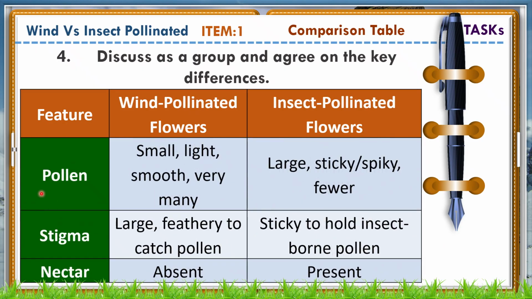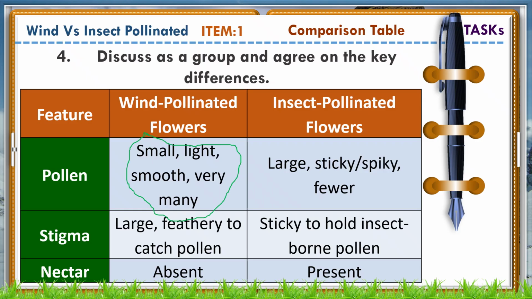Now let us look at the pollen. When you look at the pollen, you will see that for the wind-pollinated flowers, the pollen grains are very small, they are light, they are smooth, and they are very many. Why?